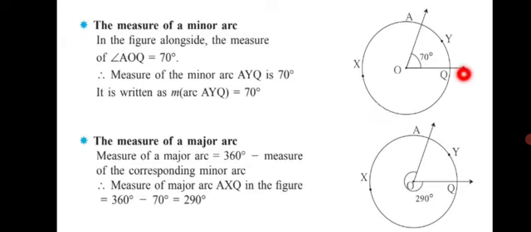Measure of a major arc is equal to 360 minus measure of the corresponding minor arc. Therefore, measure of the major arc AXQ is equal to 360 minus 70 is equal to 290 degree. So from complete 360, when we minus the measurement of minor arc, we get the measurement of the bigger arc, that is major arc.